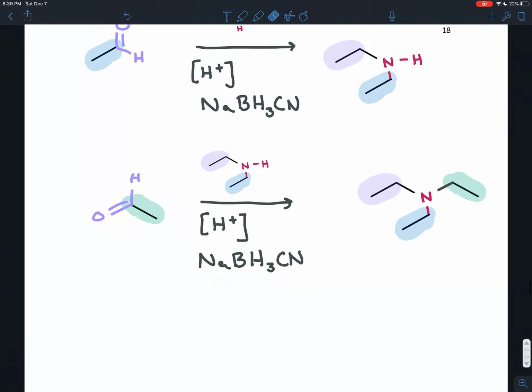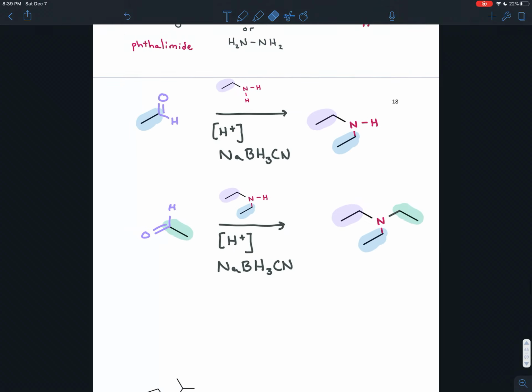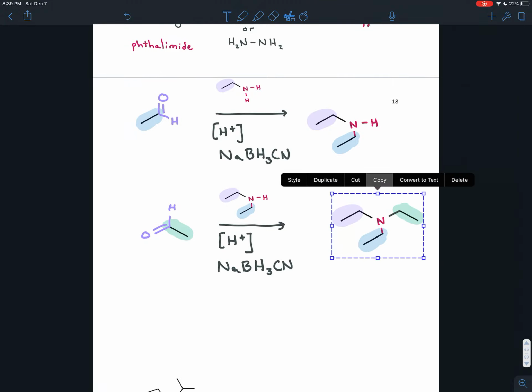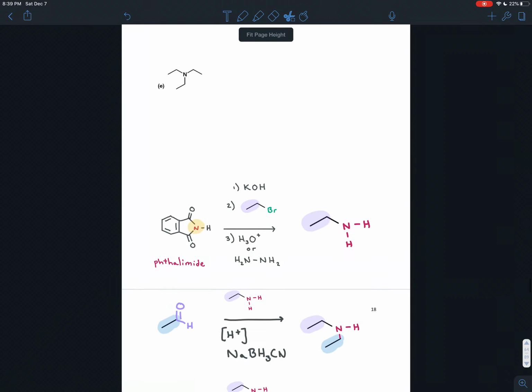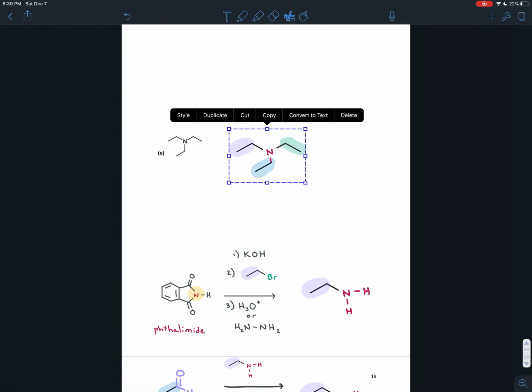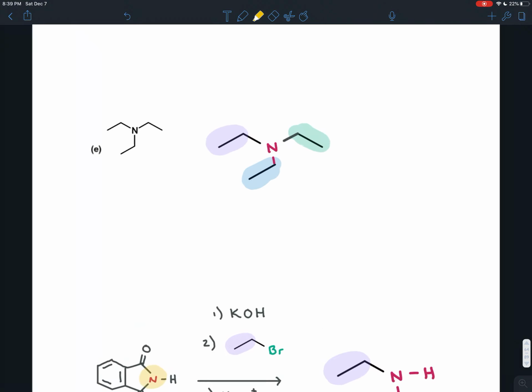I'm going to erase this hydrogen. It is still there, but it's implied in the skeletal structure. So you'll notice that what we have at this point is our tertiary amine, triethylamine.